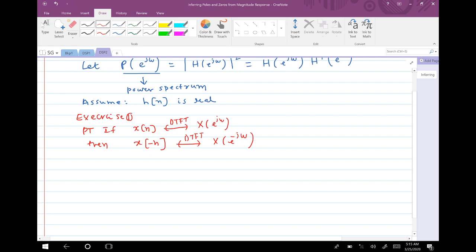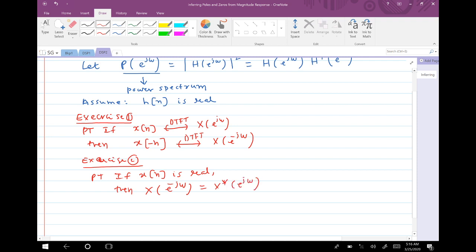I'll give one more exercise problem here. These are the results that we would be using in our further pursuit of this problem. The second exercise for you is to prove that if x of n is real, then X of e power minus j omega is equivalent to X conjugate of e power j omega.